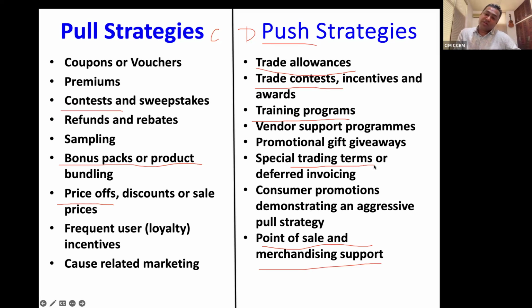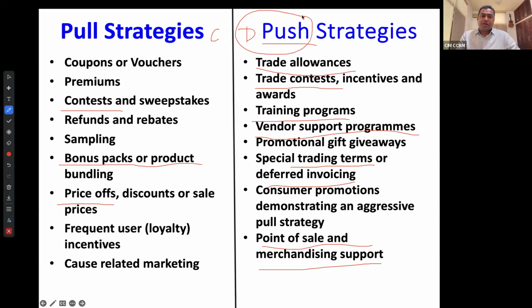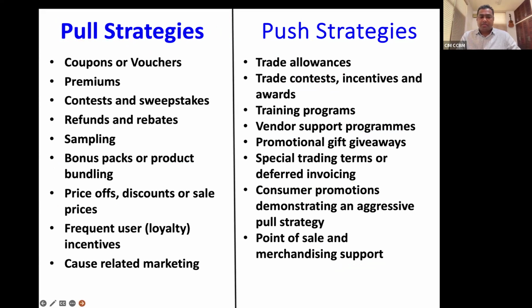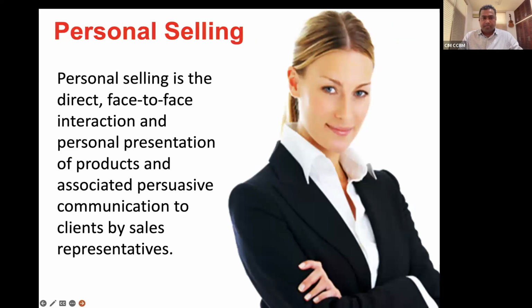Usually we give you 6 months credit, but we will give you 120 months credit. Buy more. Deferred invoicing. Right? So vendor support programs. So you push through the distributor and you pull through the consumer. These are the push-pull strategies in sales promotion.